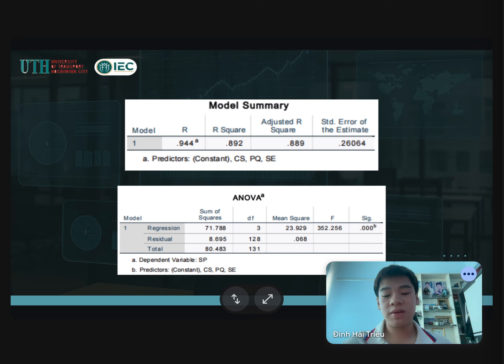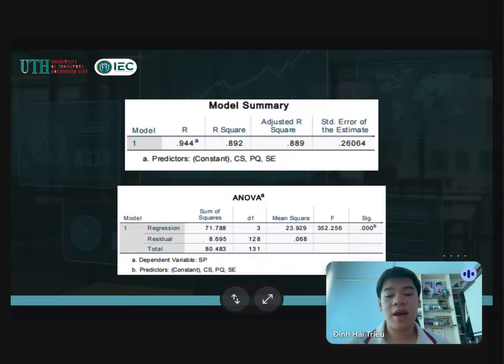The first result we examine is the model summary. The model produced an R-square value of 0.892. This means that approximately 89.2% of the variation in service performance can be explained by product quality, service experience, and customer satisfaction.